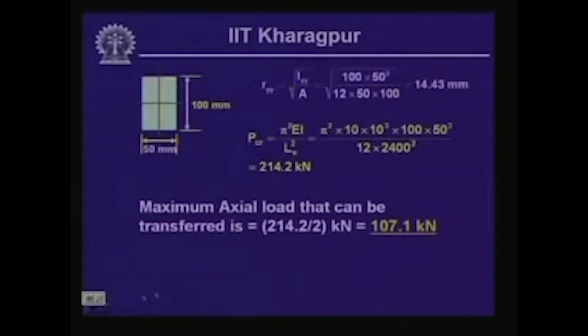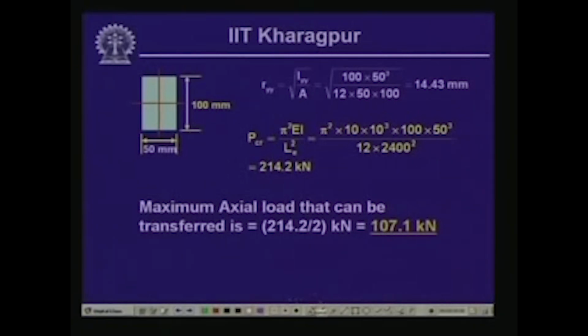Now, if we look into the cross section, as we have seen earlier for these rectangular cases, x and y are the two rectangular axes, and the width of the member we consider as 50 and depth as 100 millimeter. We can compute the values of I x and I y: I x will be equal to 50 times 100 cube by 12 and I y will be 100 times 50 cube by 12, and since I y will be less than I x, thereby R y will be less than R x for this section.